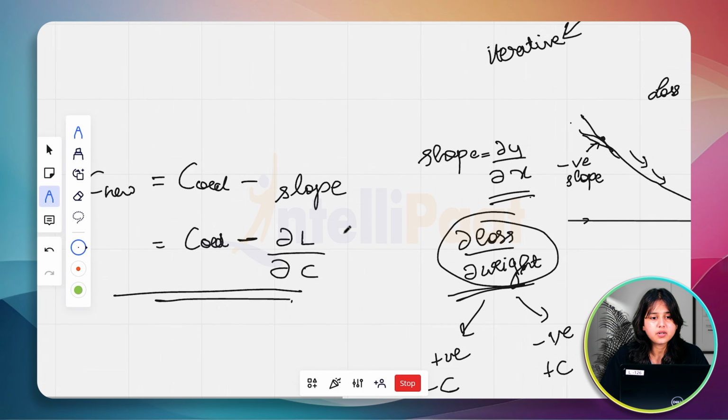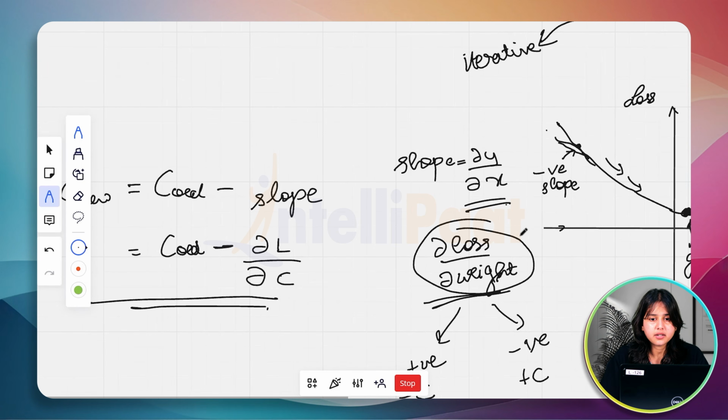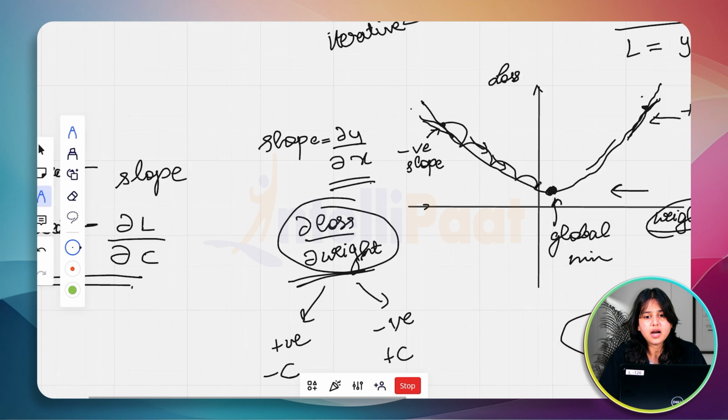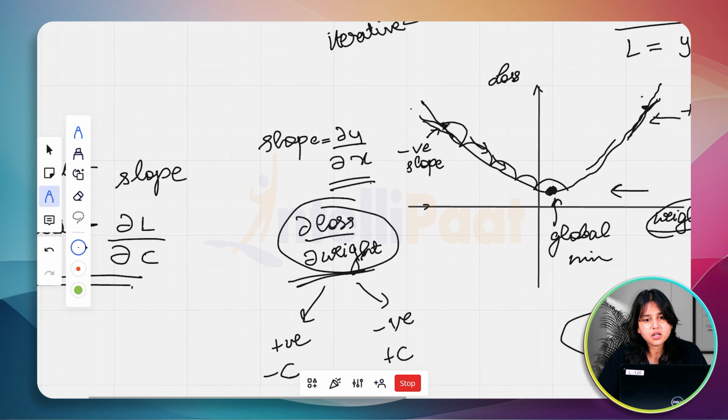If we directly go ahead and use this formula to update our weights, the problem here is that it is going to take regular jumps, right? And by taking regular jumps, it might skip the global minimum. There could arise a condition where it is constantly repeating and never reaching the global minimum.